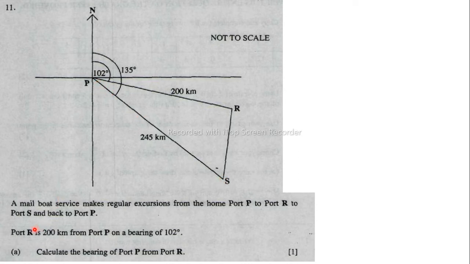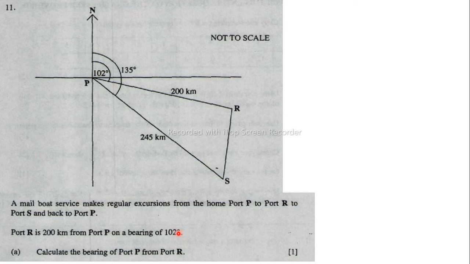Now they're saying port R is 200 kilometers from port P, right? Port R is 200 kilometers from port P on a bearing of 102 degrees.